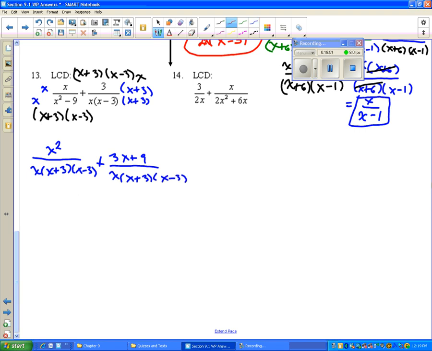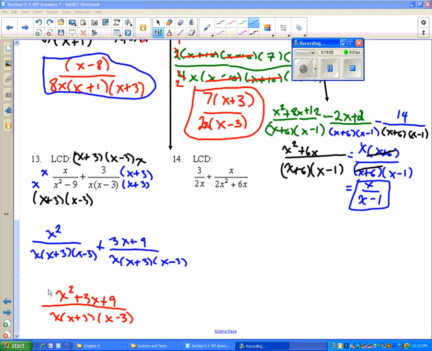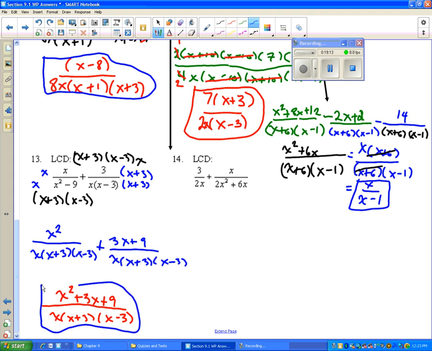My denominators are now the same, so I can make it one denominator, x times x plus 3 times x minus 3. This is going to be x squared plus 3x plus 9. This is different than the answer key, but I believe this is my correct answer. I will double check and we will talk about this more in class.